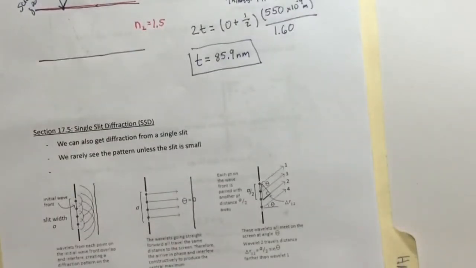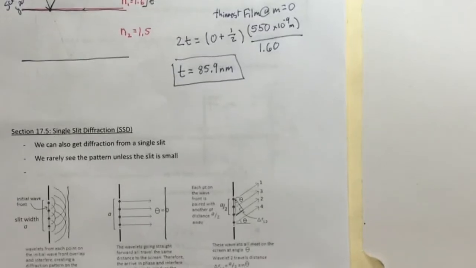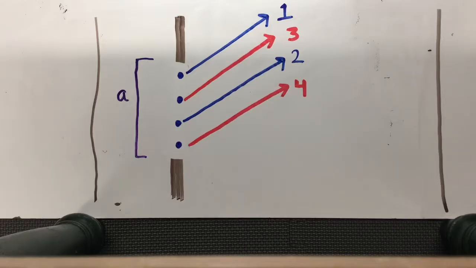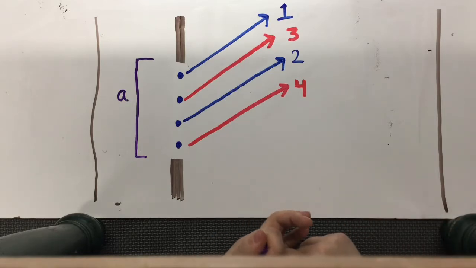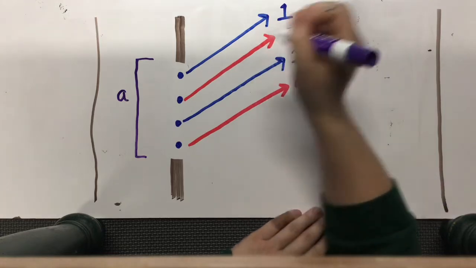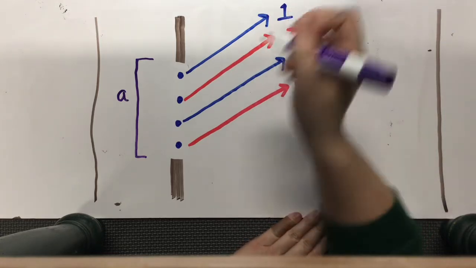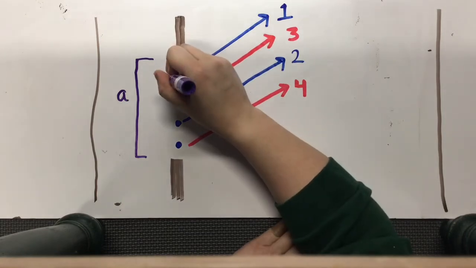Now we are going to talk about this third diagram. When we have light beams that are not going through the center, we get a different result. Let's say that each light wave has a friend that's a distance of half the slit away. If the slit has a length a, then each wave's friend is a distance of a over 2 away.